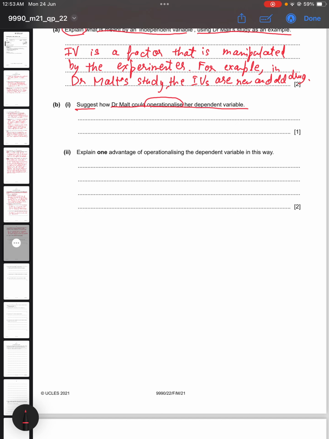For example, she can record the score of how well the people concentrate on something, or she can record the speed to identify a target, or she can use a Likert type scale rating from 0 not attending to 5 with full attention, and participants can rate their attention on that particular scale.